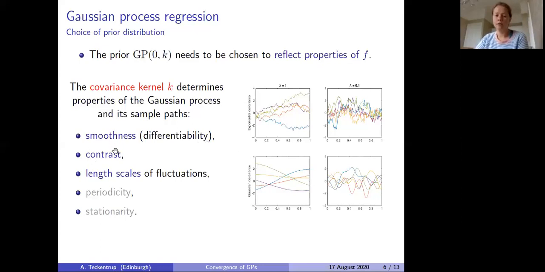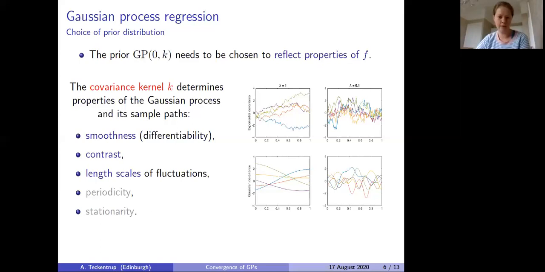There's also the contrast. By the contrast, I mean the difference between the largest value and the smallest value in the domain. So this is a kind of horizontal length scale, and it determines the size of the fluctuations that you get.